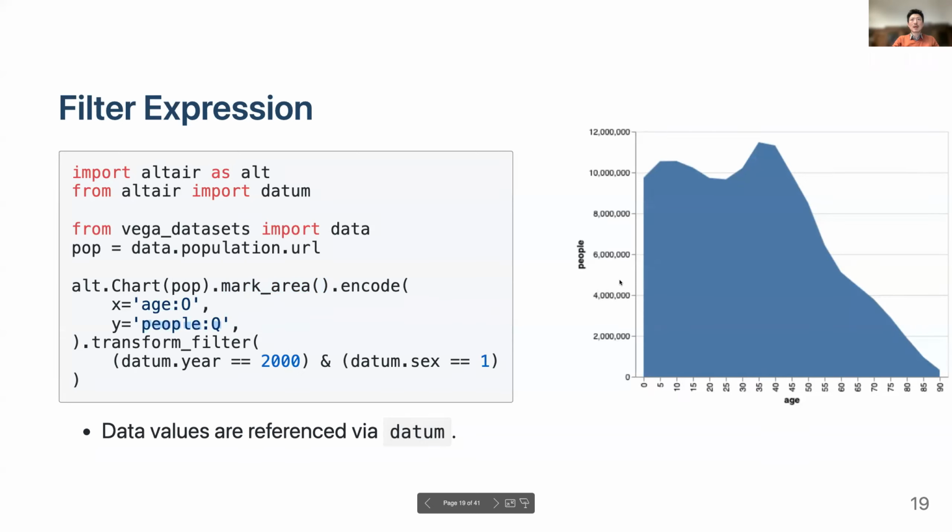If you don't have the filter, it will just draw a line which shows the population for different age groups. And then here you can see what is added is a transform filter.